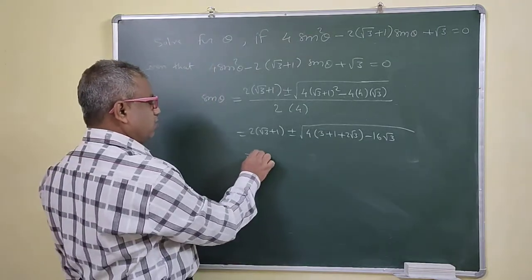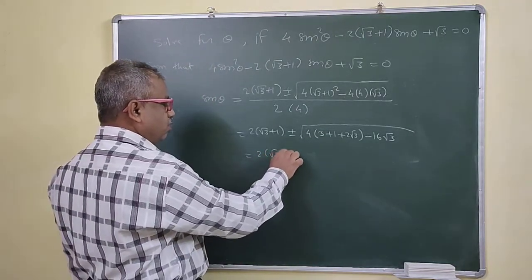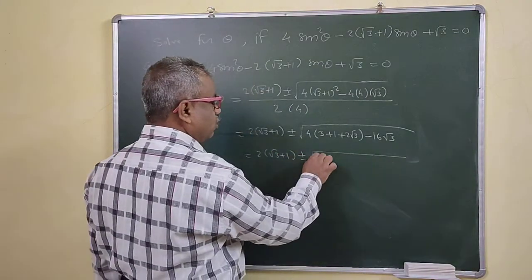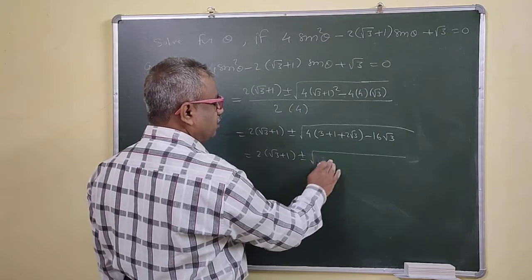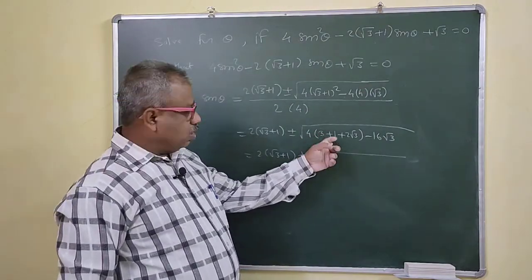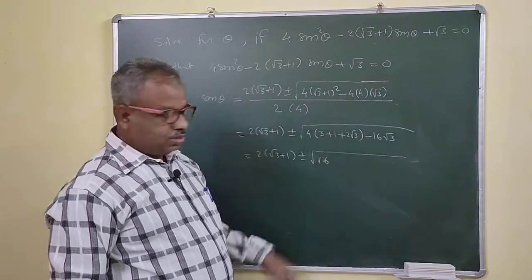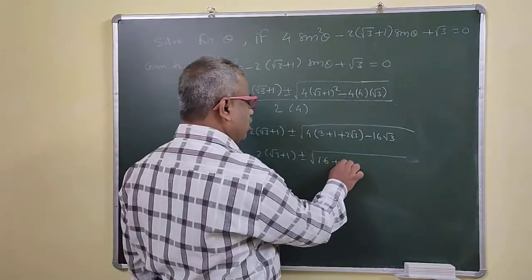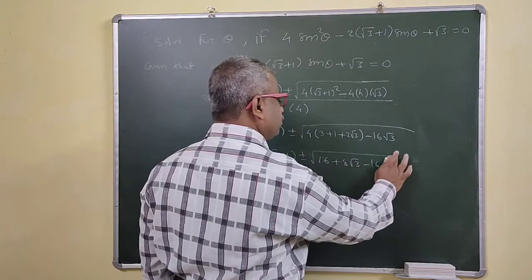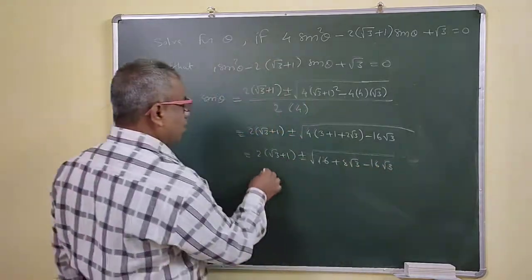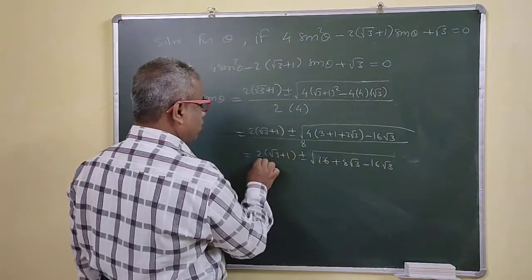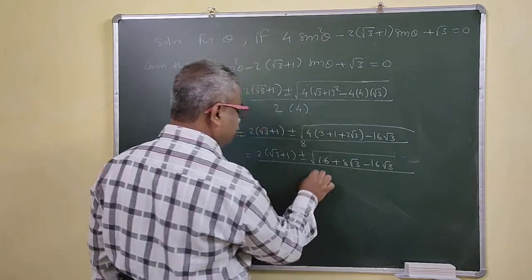Okay, again we'll expand this. 2 into root 3 plus 1 plus or minus, this is 16, right? 3 plus 1 is 4, 4 into 4 is 16, plus 8 root 3 minus 16 root 3, upon 8, forgot here, upon 8 now, right.